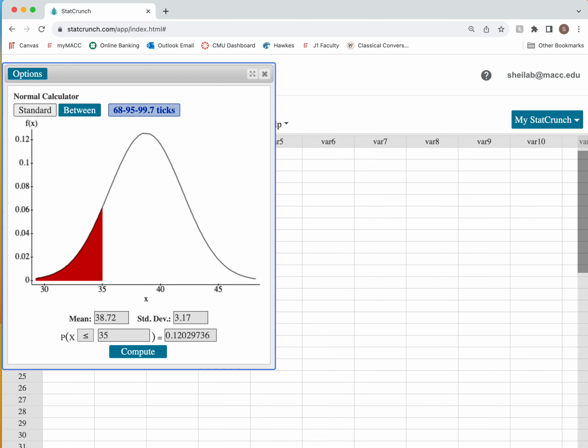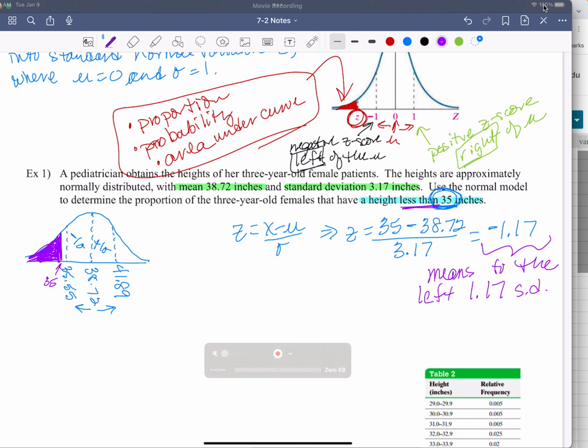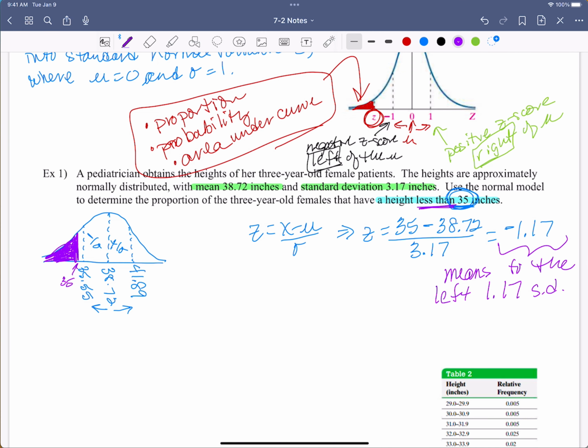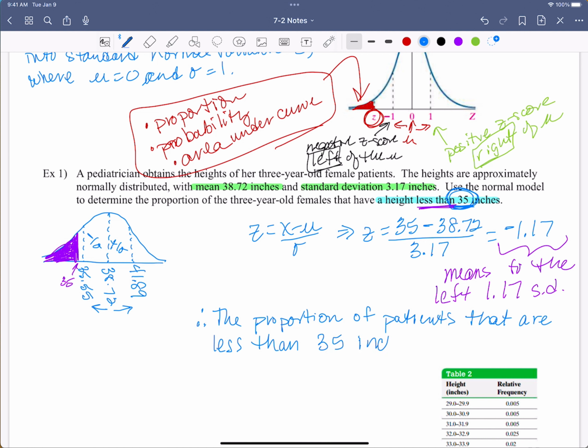I'm writing on my notes and you won't be able to see it. 0.1203. So, therefore, the proportion of patients that are less than 35 inches is 0.12.